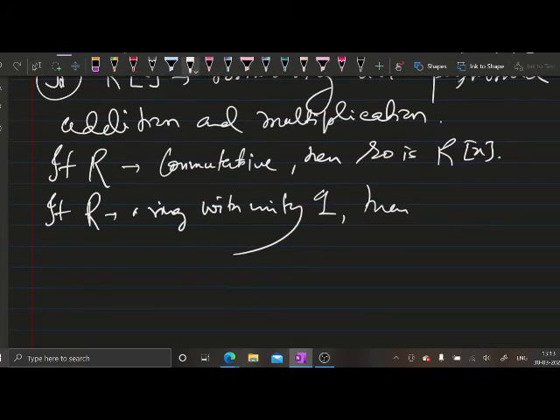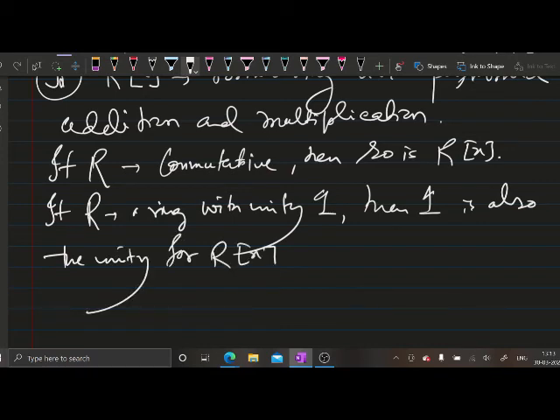Therefore this 1 is also the unity for the ring R[x], because if you multiply any polynomial f(x) with 1, that will give you f(x), that is f(x) dot 1.